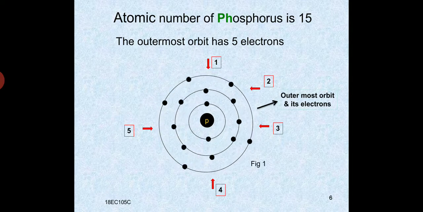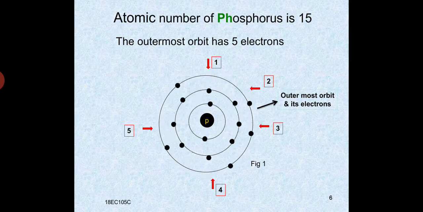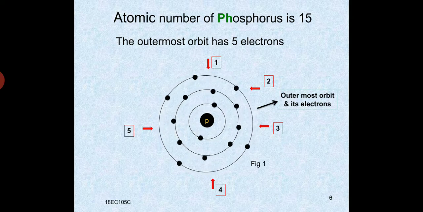So there is a nucleus and a number of electrons, and in the outermost orbit there are 5 electrons which are orbiting around it. These electrons will be useful for us in the process of conduction. We'll see how we make use of them.